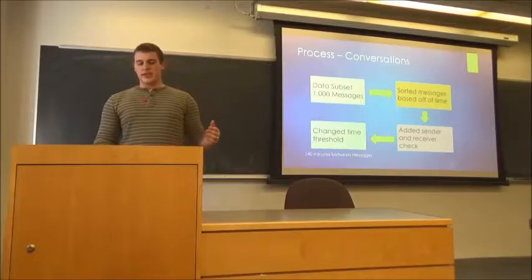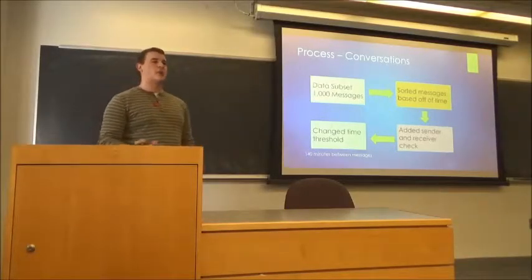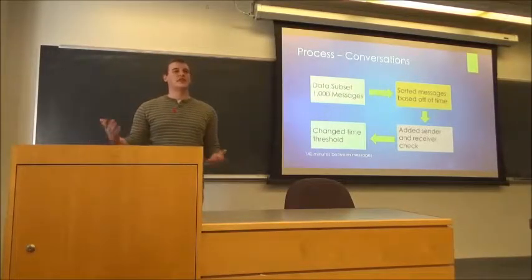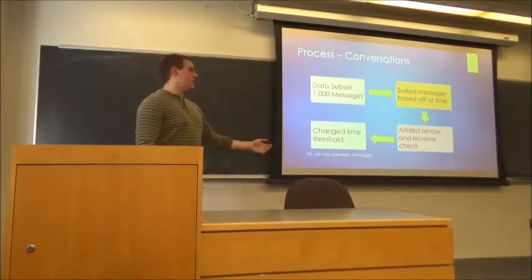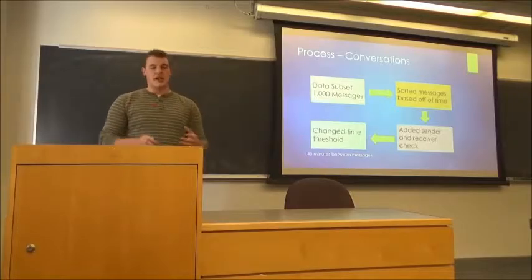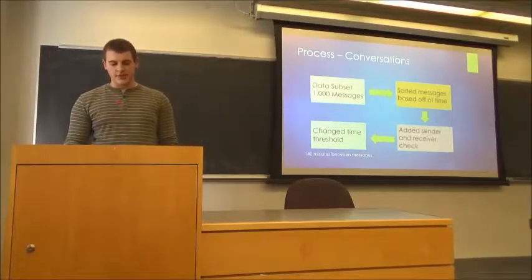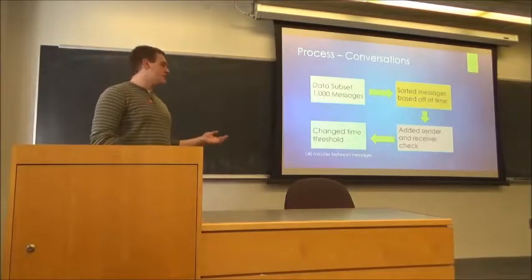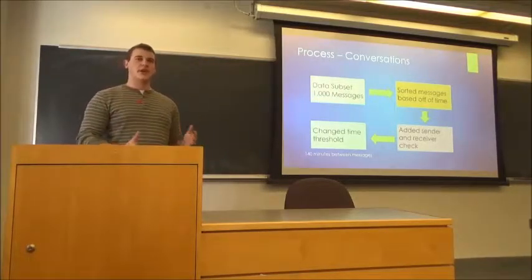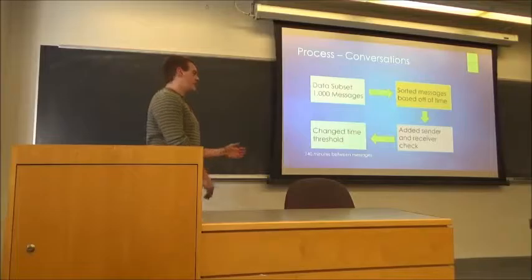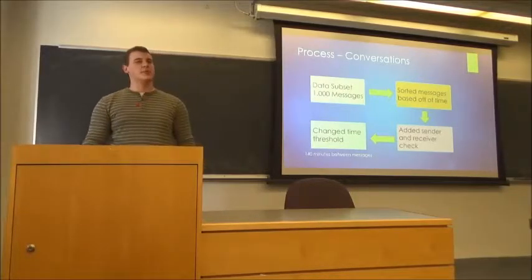That worked for some of them, but the problem was if two different people were sending two different text messages at the same time, they'd still be clumped together. So I checked the sender and receiver for each message and broke those off into conversations also. And then just to narrow it down, I adjusted the threshold of the time in between messages, and I found that the optimal time was 140 minutes between messages.